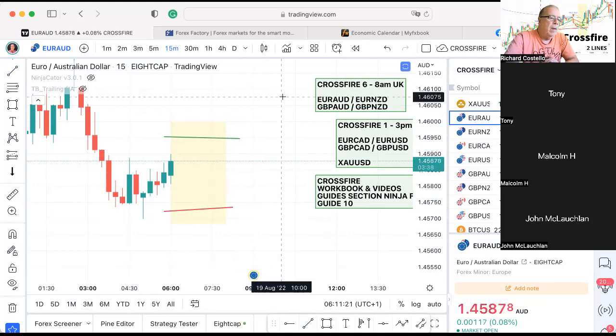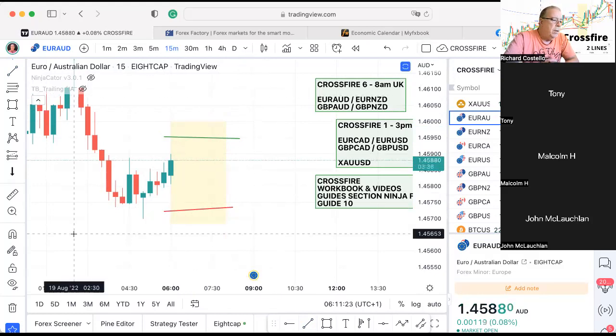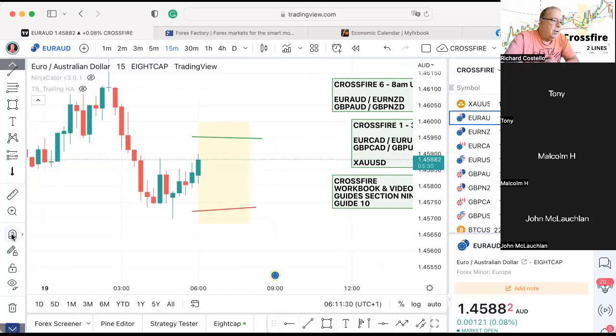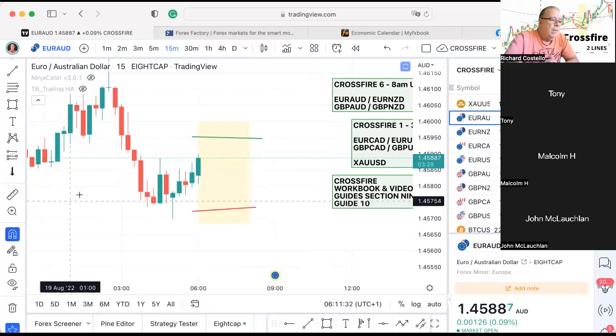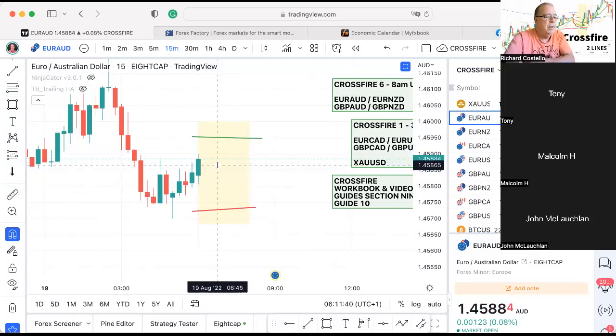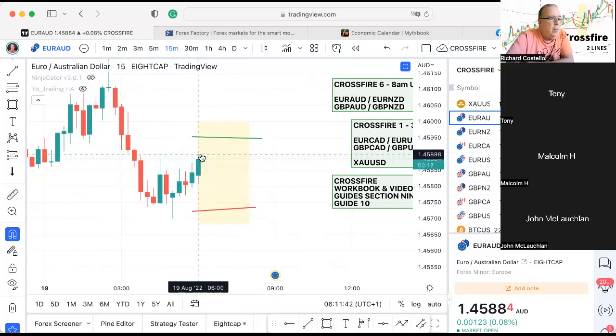There we go. The only other thing that you can do is just position these roughly, and for this I need to put the magnet tool on, and we just work as if this candle is already closed. It hasn't, it's still forming. But we look at the top of the 6 o'clock wick, and then we look left for the nearest higher high.